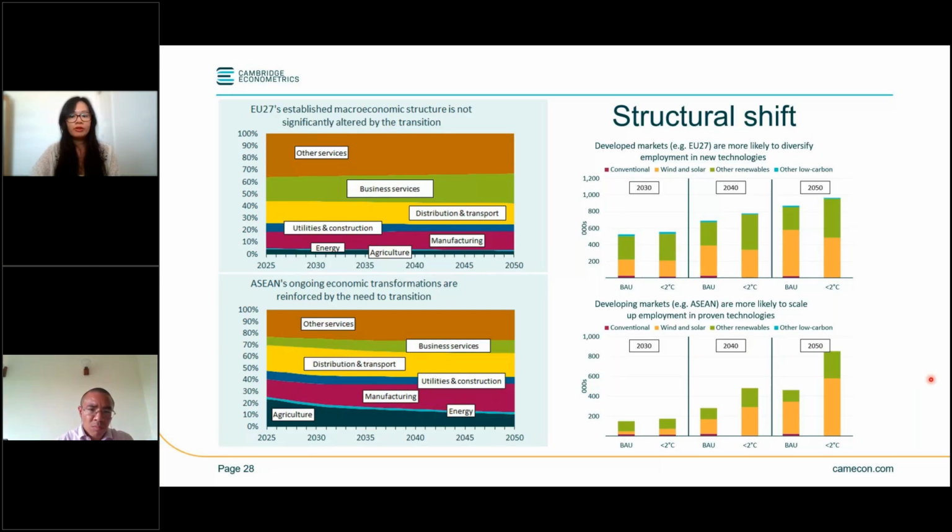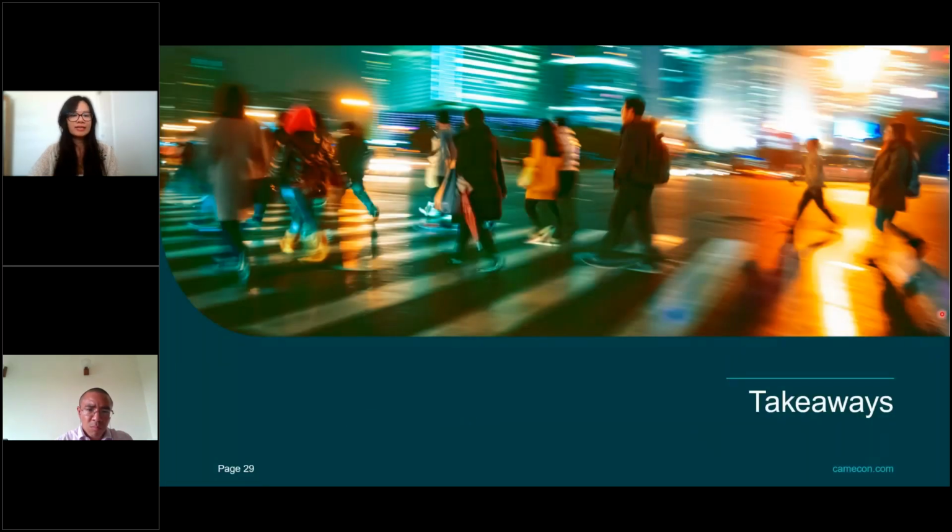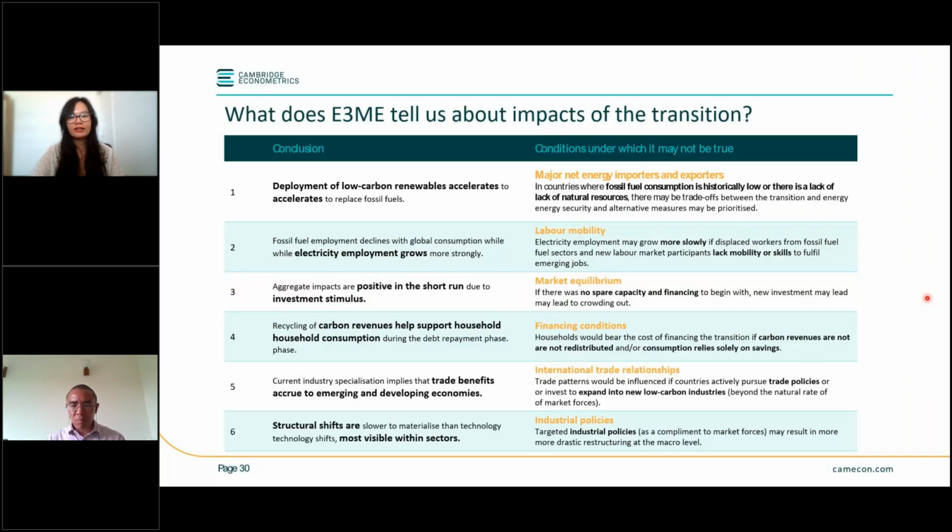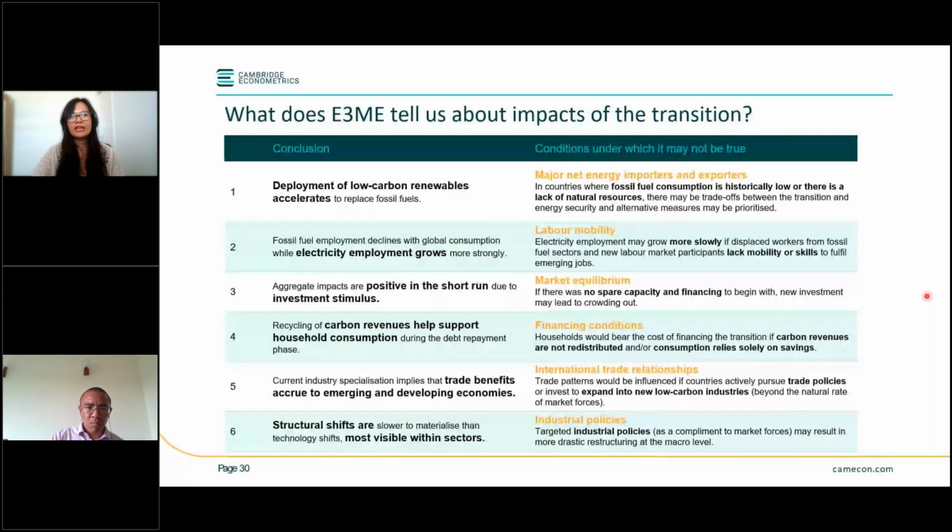So we've looked at a lot of results, and we can see some conclusions emerging from them. I will do a quick recap, but it's helpful to remind ourselves that the conclusions that the models give us are usually one conclusion that is true under certain conditions. It's not the conclusion that will always be true. And that is something that is often misunderstood about the use of models, perhaps.